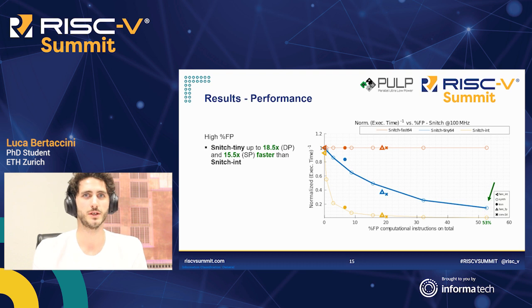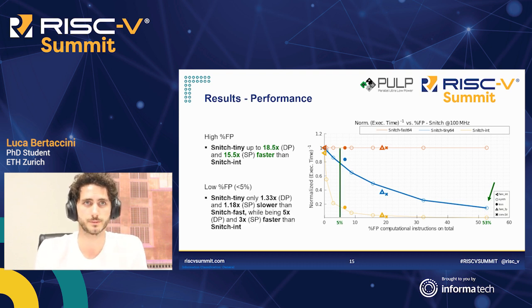So in this case, we have interesting results because Snitch Tiny is up to 18.5 and 15.5 times faster than the integer-only core when we consider 53% of floating point instructions. So 18.5 for double precision and 15.5 for single precision.